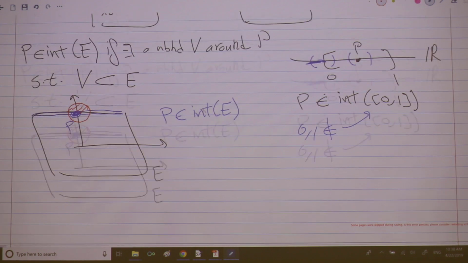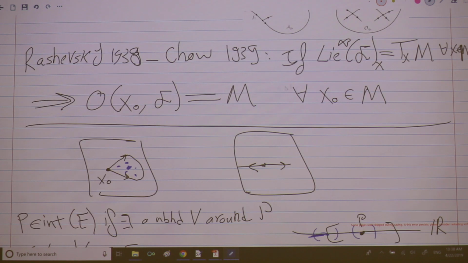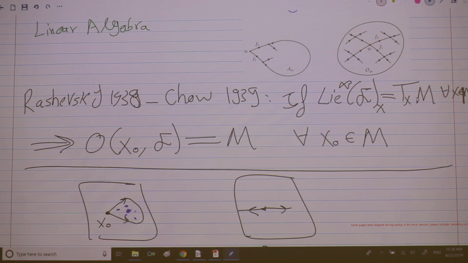Okay, so now if I want to really distinguish between these two sets, we're saying that if the Lie bracket covers the entire tangent space, you have a good property that is a little bit weaker than controllability, and this property is that your reachable set will look like this. It will not look like this. So this property is that your reachable set will have a non-empty interior. You will have some point in there, and by the definition of interior, if you have one, you have infinitely many.